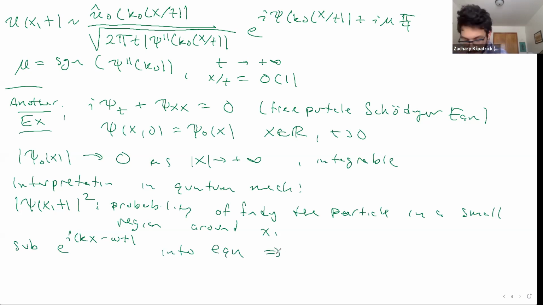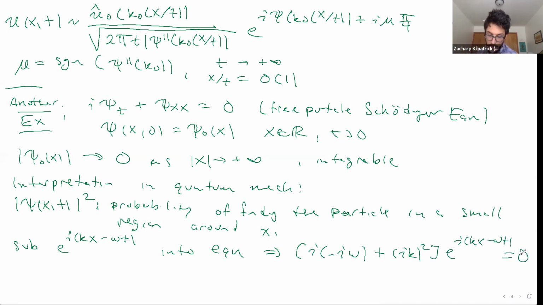If we do that, then we end up with (minus i omega plus i k squared) e to the i(kx minus omega t) equal to 0.